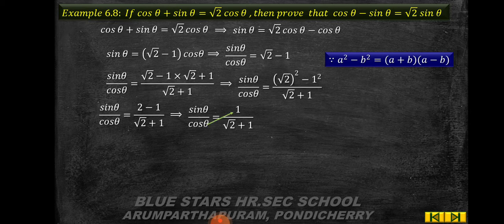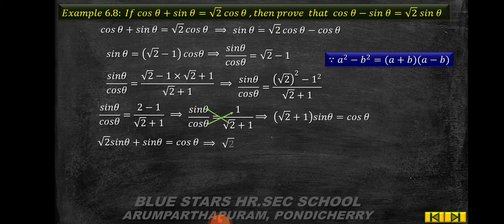The next step is you have to do the cross multiplication. So cos theta into 1 gives cos theta, and root 2 plus 1 into sin theta is equal to cos theta. Next, multiply root 2 into sin theta, you get root 2 sin theta, then 1 into sin theta is sin theta, which is equal to cos theta.